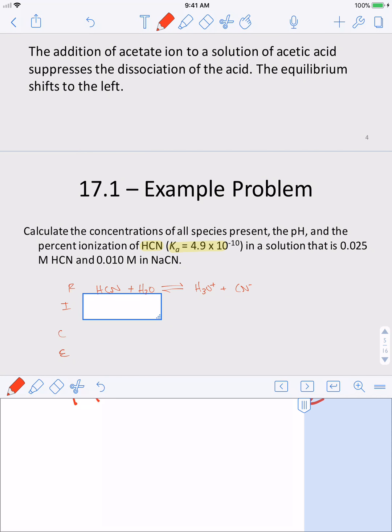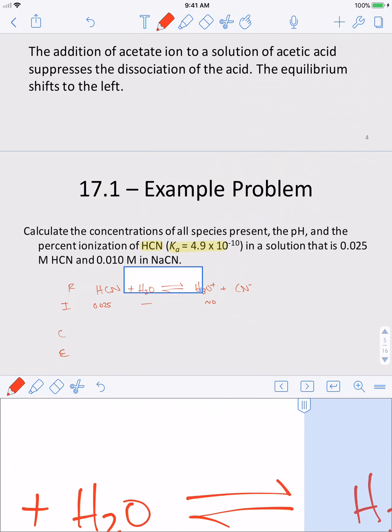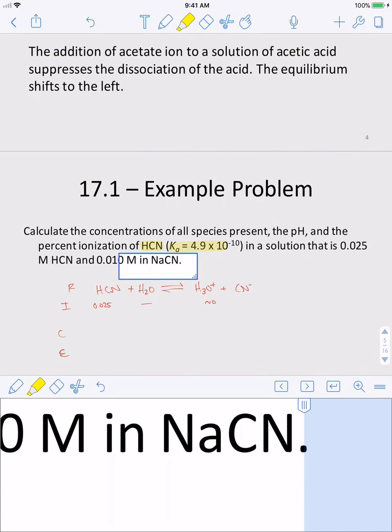Right, so initially, for HCN we're told it's 0.025 molar. And for water, we don't really care. For H3O+, it's effectively 0. And cyanide, here's where it gets interesting. We don't have 0 of cyanide. We have sodium cyanide. So again, we want to look at this additional species that's going to affect our equilibria. Sodium is not in our reaction of interest. Only cyanide is, so we really are only concerned about the cyanide.